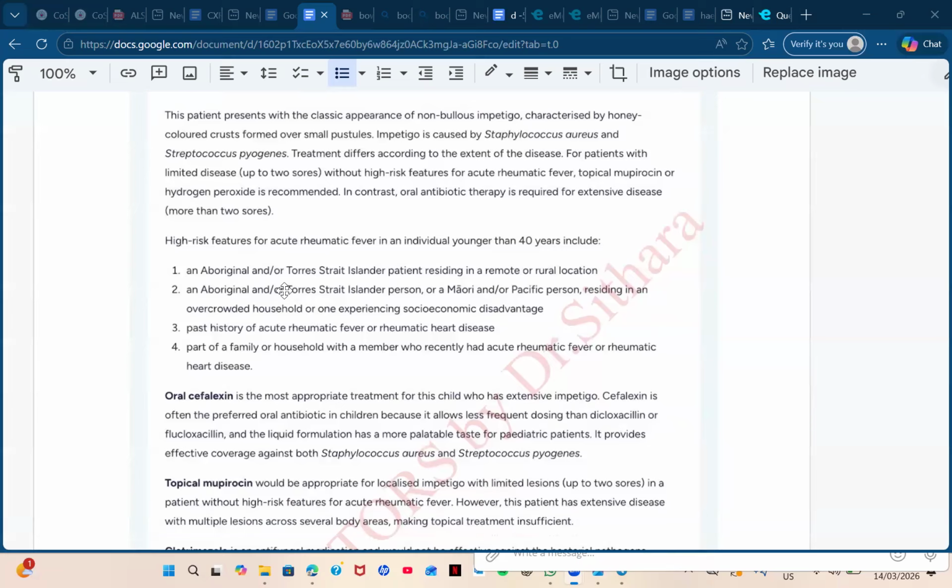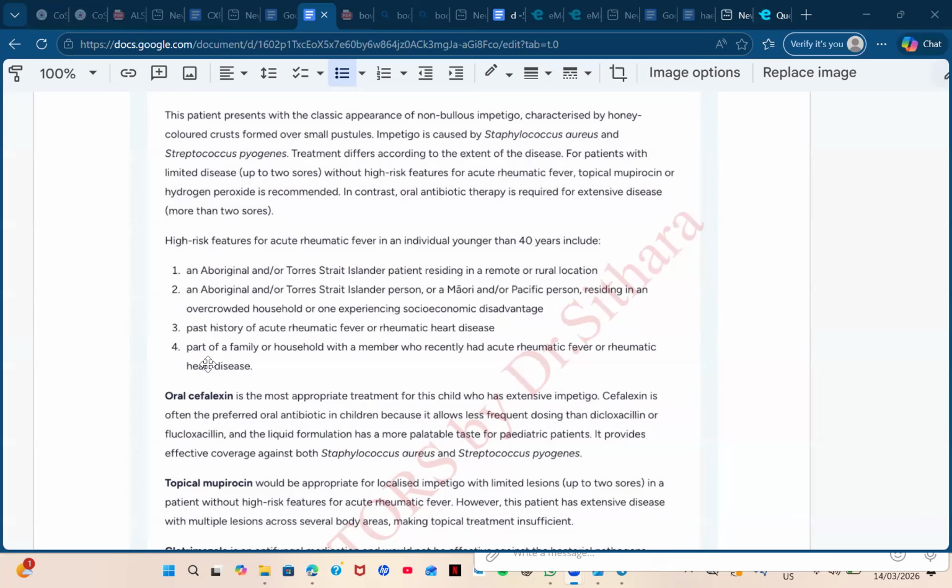Individuals younger than 40, an Aboriginal or Torres Strait Islander patient residing in a remote or rural location, or a Maori or Pacific person residing in an overcrowded household or one experiencing socioeconomic disadvantage, past history of acute rheumatic fever or rheumatic heart disease, a part of a family or household with a member who recently had acute rheumatic fever or rheumatic heart disease.